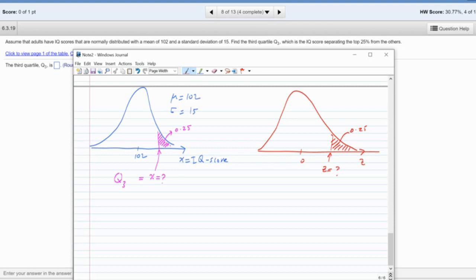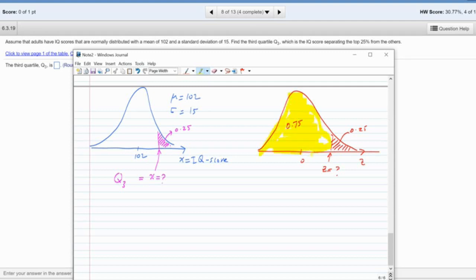Now we have a right tail area, so we need to find the left tail area. 0.25, the total area is 1, so therefore this area is 0.75, all of this.